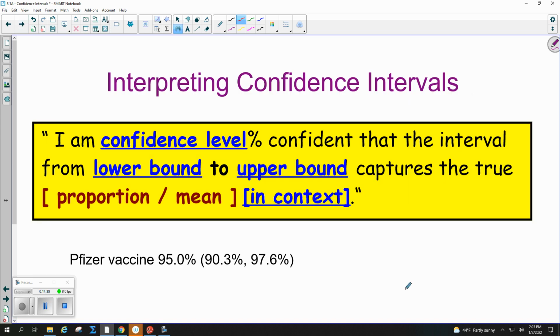All right, you guys, definitely write this down. This sentence is never going away. You're going to see it for the rest of the semester, and it is super important. All right, how to interpret a confidence interval.